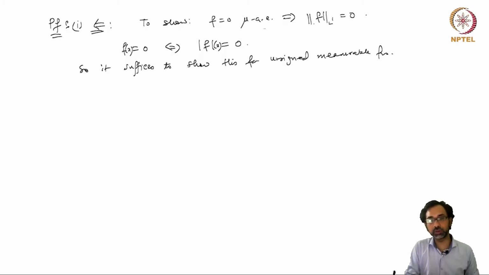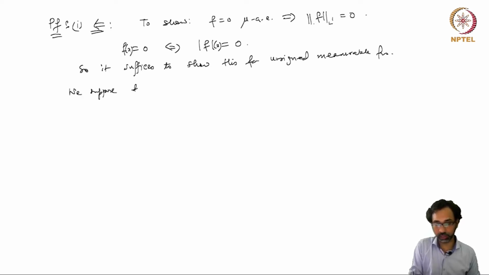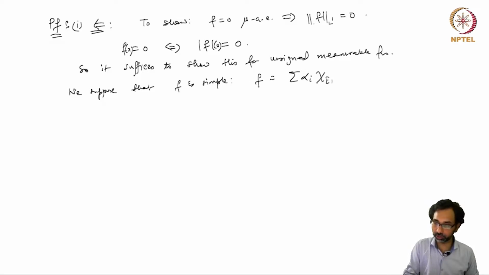So if f equal to 0 mu almost everywhere, first we suppose that f is simple, so we can do this easy case first. So let me write f as a finite linear combination of indicator functions for measurable sets Ei.